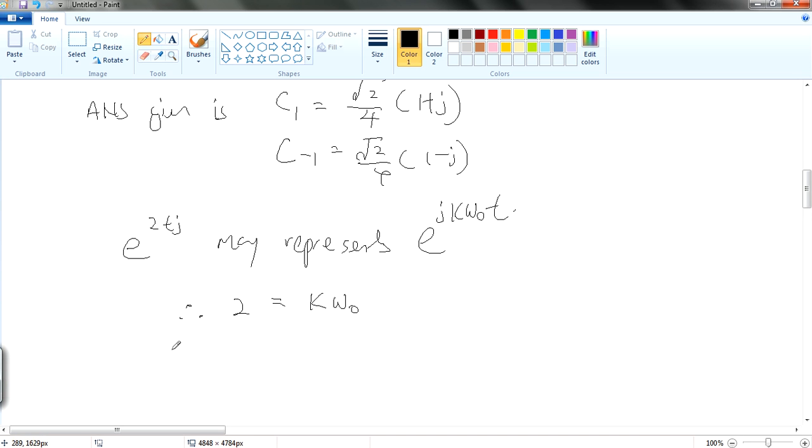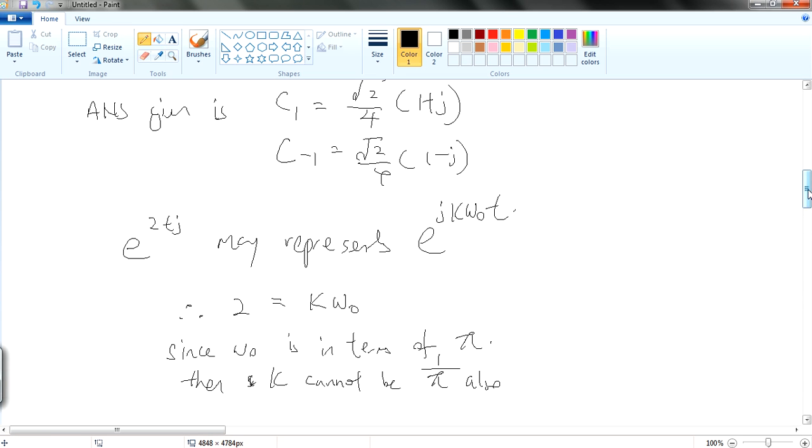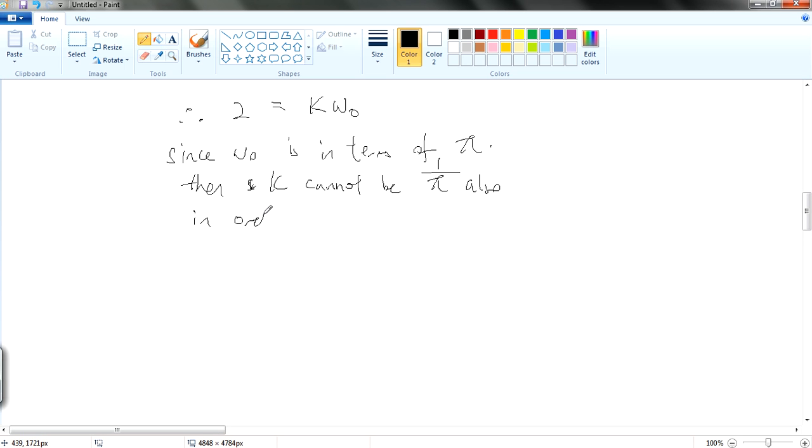So since omega is in terms of pi, then k cannot be anything, cannot be pi also, maybe 1 over pi, in order to get a coefficient of 2.